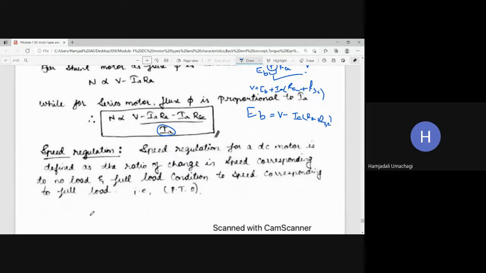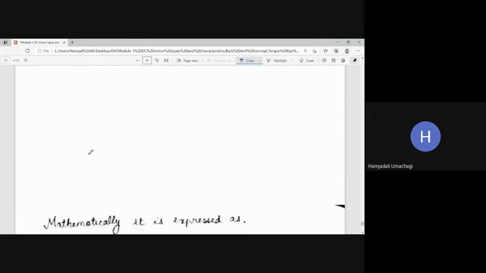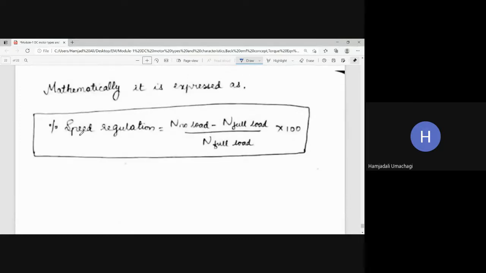So the no load speed is maximum. After you connect a certain load, automatically the speed will reduce. By what value has the speed been reduced with respect to the maximum speed? That drop in speed you will come to know with the help of the speed regulation concept. Speed regulation is written as the change from no load speed to full load speed, divided by full load speed, into 100.